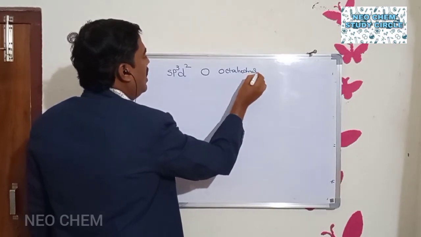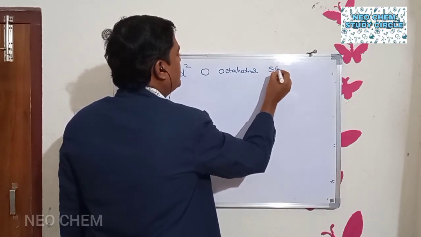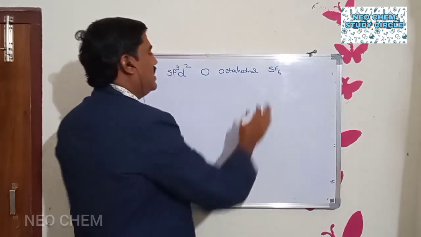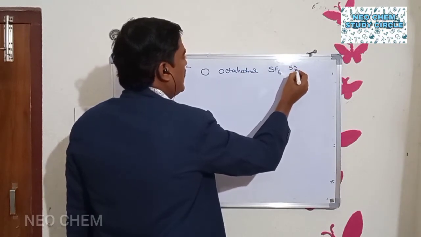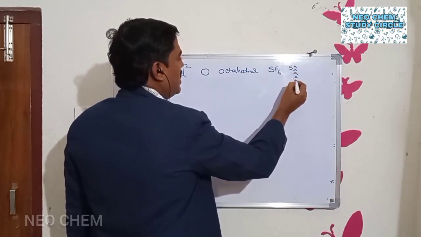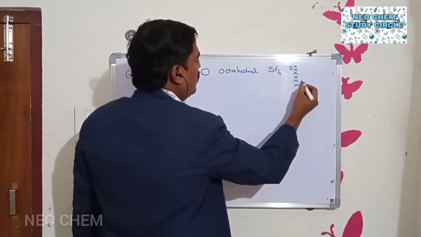Octahedral. For example, sulfur hexafluoride. Here the central atom is sulfur, which belongs to the 6th A group, so we should write 6 valency electrons like this. With 1 electron, 1 fluoro group.